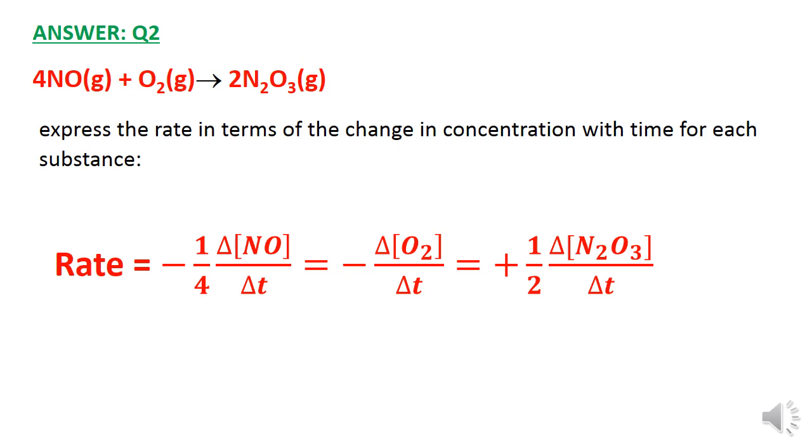Here you can see that 1/4 of the rate for the decreasing of NO will equal the decreasing of O2 and half of the increasing of N2O3.